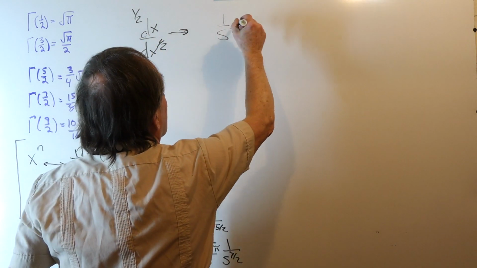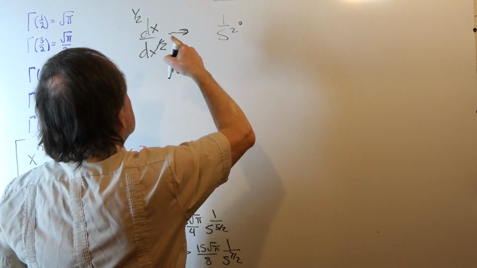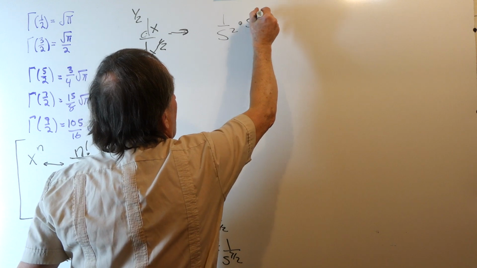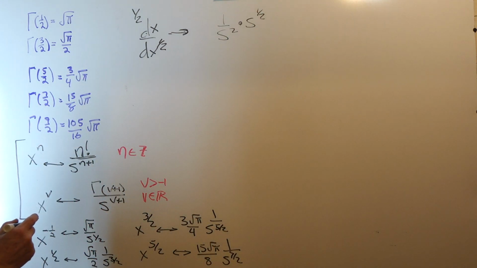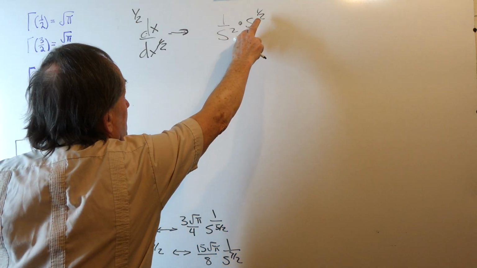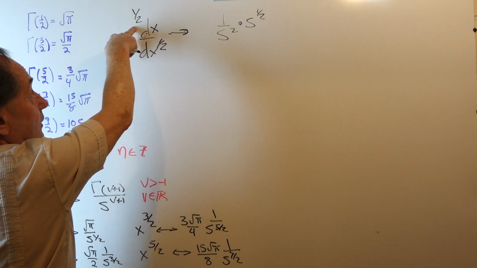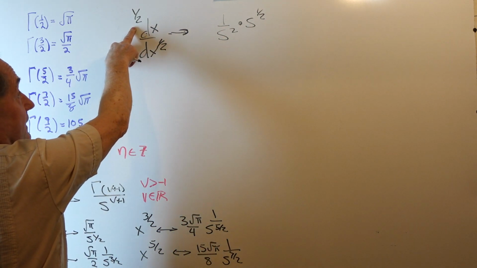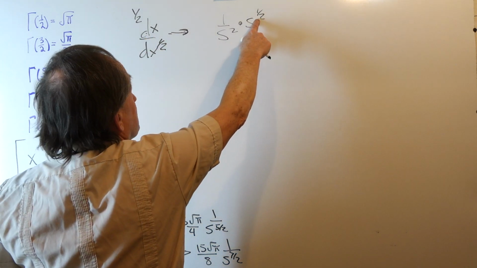And then we're going to perform our differentiation in the Laplace space, which is s to the 1/2. We multiply the function by s to the power of the order of the derivative that we're taking. So if we're taking the second derivative, we'd multiply by s squared.